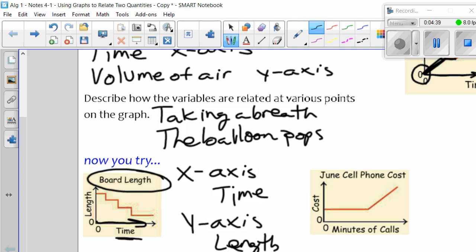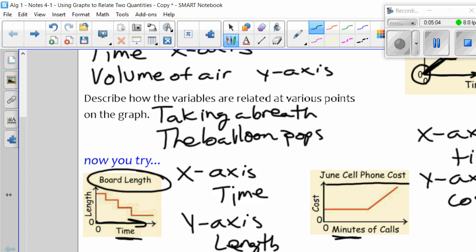Okay. This next one is my June cell phone cost. So once again, identify the variables. The x-axis is, again, time. If we're thinking about it, it's minutes, so we could say minutes instead of time, and it says that right there. The y-axis is cost, so how much it's costing me to use my phone.